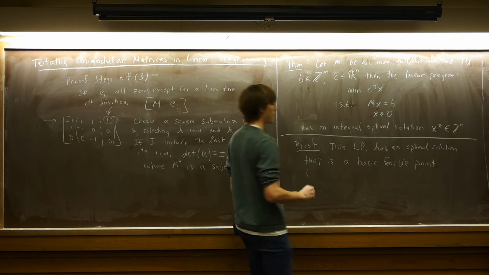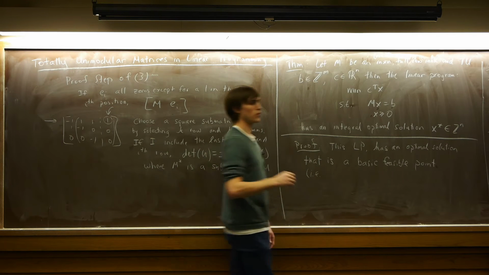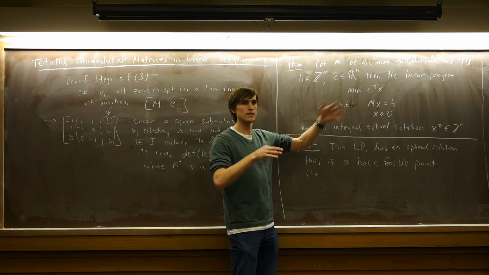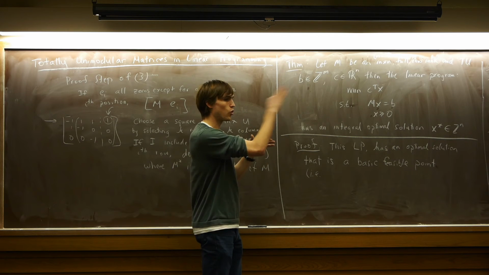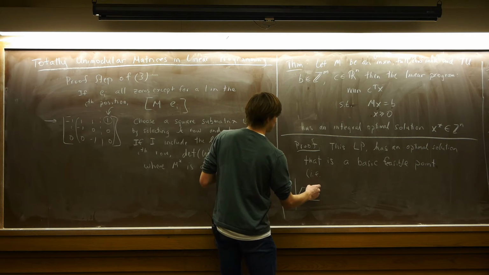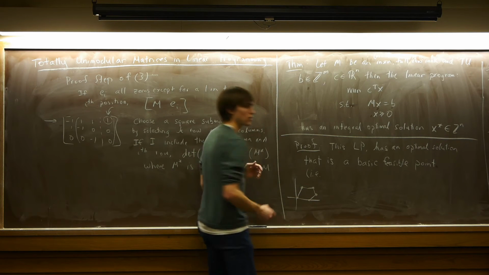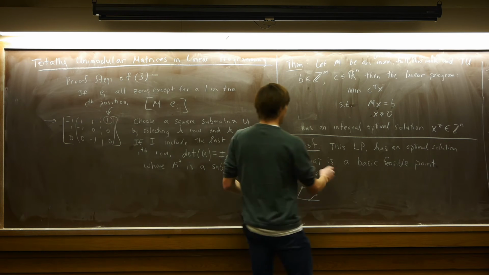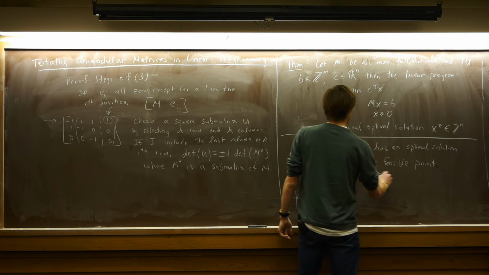Or what do we mean by basic feasible point? And I'll define that in a second, but we also talk about these basic feasible points. These are just vertices of the polytope. Okay, you have your constraints matrix. It defines some geometric region, this polytope where I can get feasible solutions. And at the corners of that polytope, so if I've got some feasible solution, the corners are the basic feasible points. So a basic feasible point, i.e. a vertex of the feasible polytope.